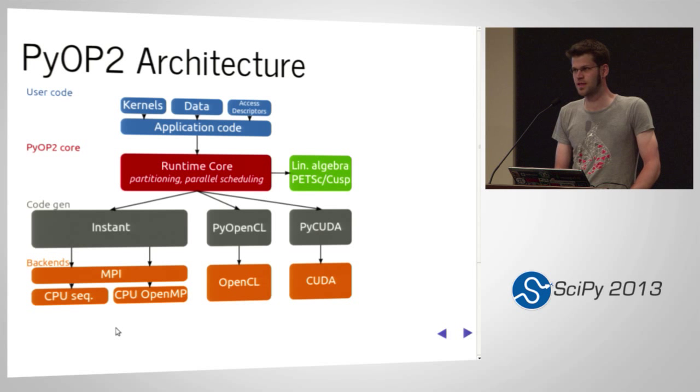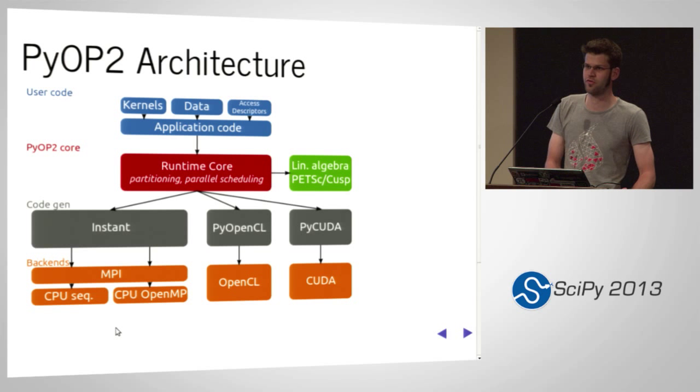They need to provide data, and they provide access descriptors, which describe how the data inside the kernel is accessed. This is then executed by the PyOP2 runtime core, which takes care of partitioning and parallel scheduling and the parallel execution of the kernel over your input data.